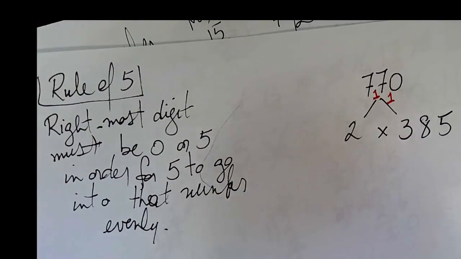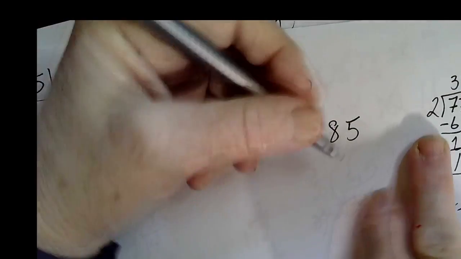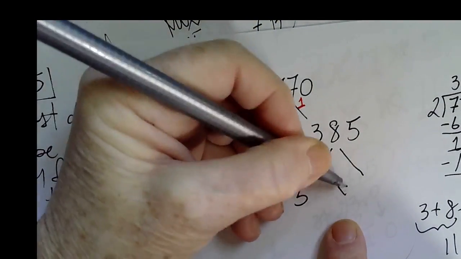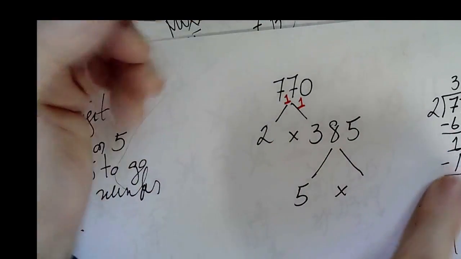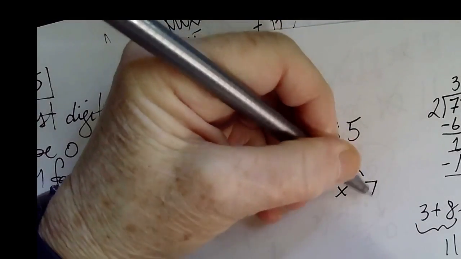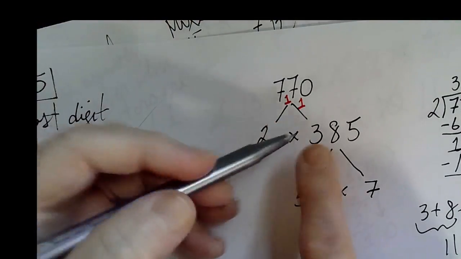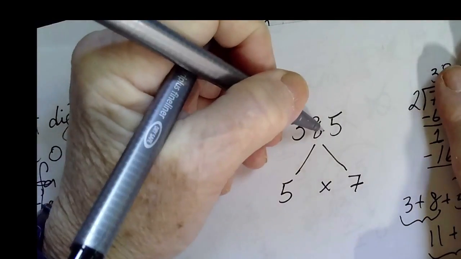Okay, so we do have a 5 in the rightmost place, so let's divide by 5. 5 doesn't go into 3, so we're going to look at the first 2 digits together. 5 goes into 38 7 times. 7 times 5 is 35. 38 minus 35 leaves 3.